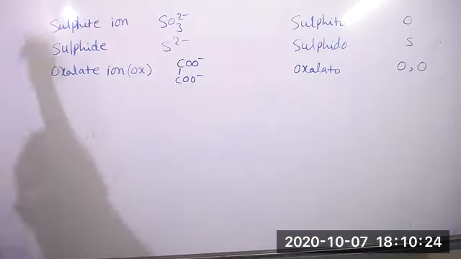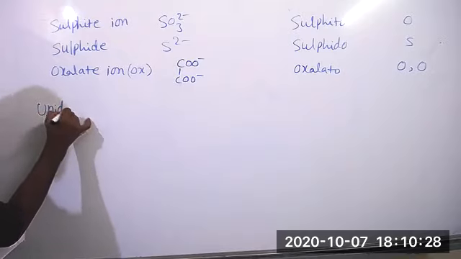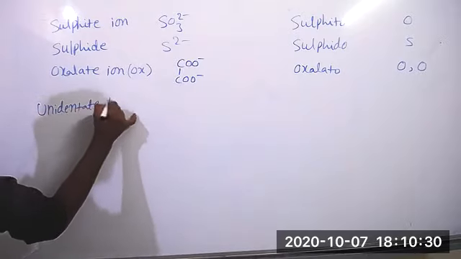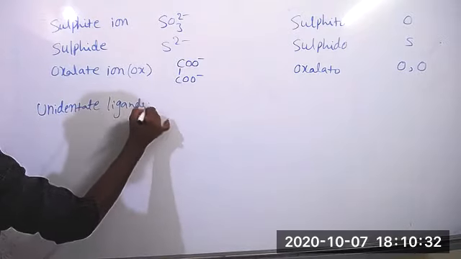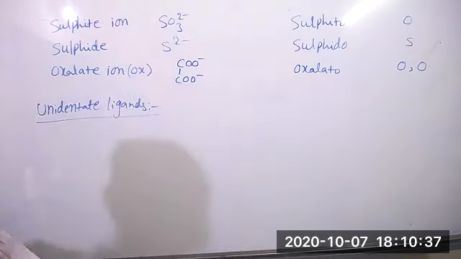We can write separately unidentate ligands. Unidentate ligand can form only one bond with a metal.